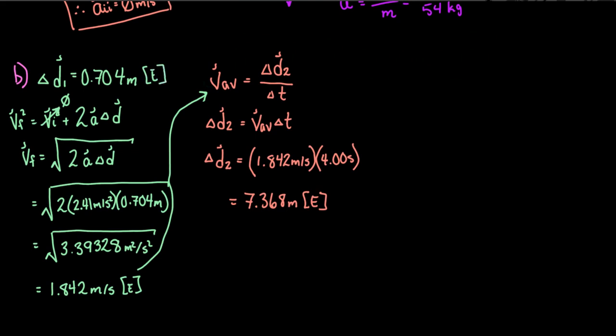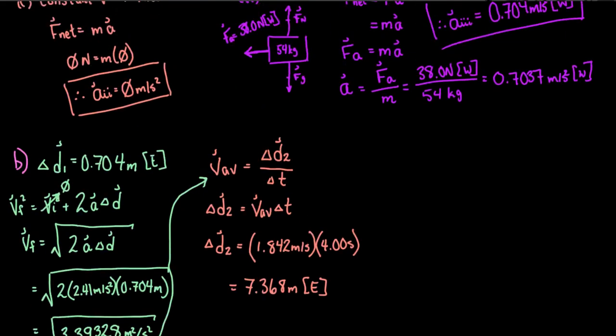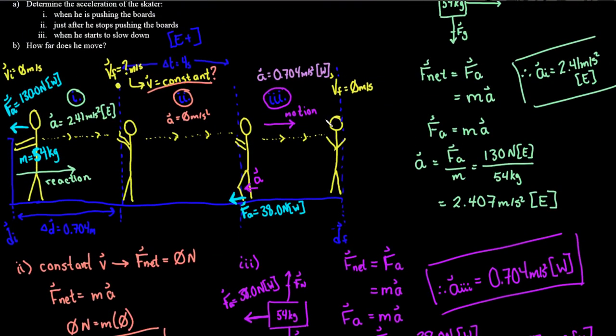All right, and then last but not least, we're going to go and look at the third portion. So again, we know his acceleration. We know what the final velocity is, and we're trying to determine, again, how far he travels. Right? We want this distance here over that third portion. So we want displacement, we have final velocity, we have acceleration, we need something else in order to use a kinematics equation. Well, remember, what we solved for was the final velocity at this point.